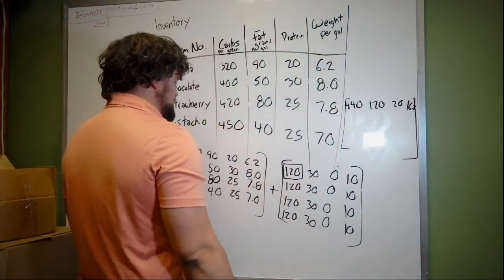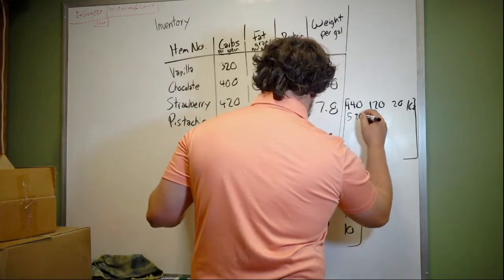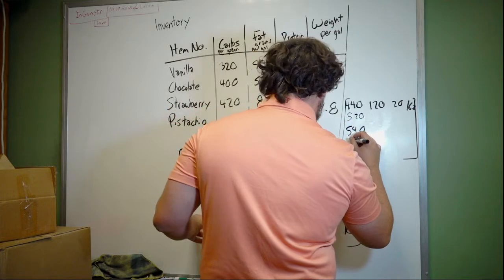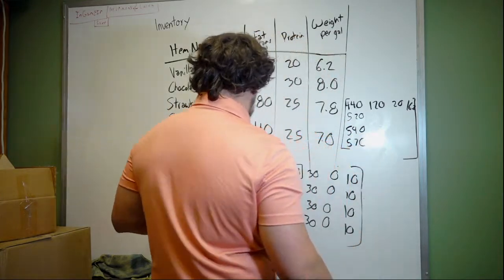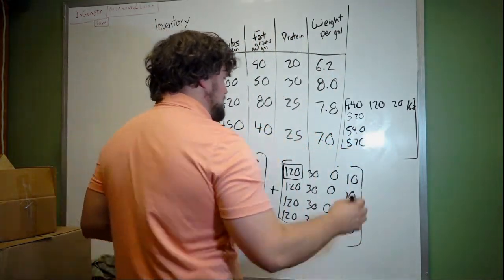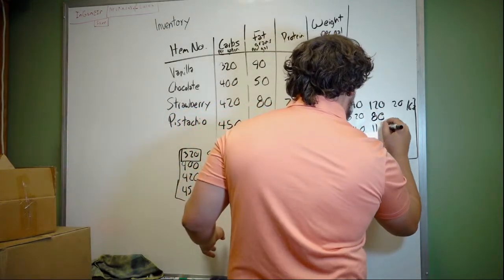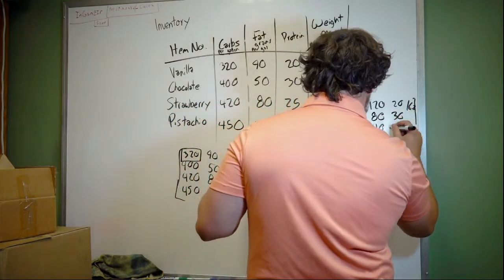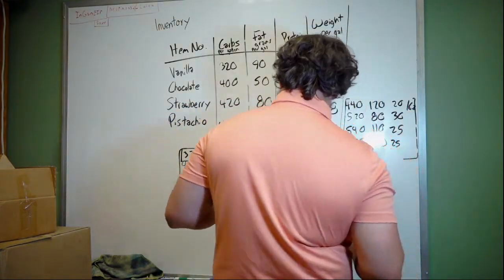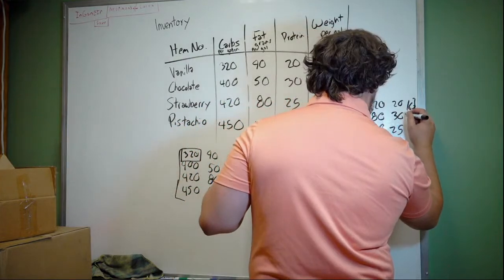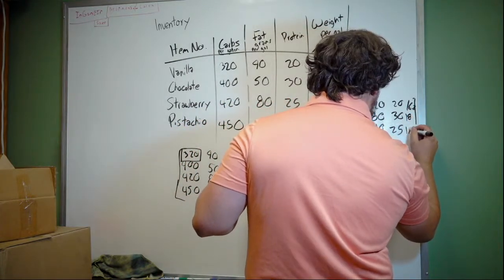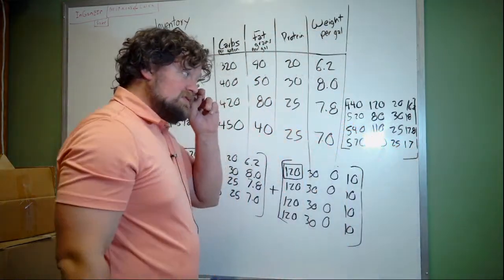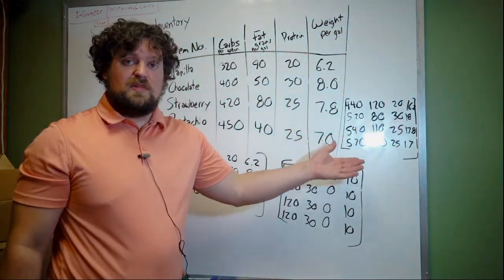If you're 400, this is 520, this is 540, this is 570. And then 80, 110, 70, and you have 30, 25, 25, and then you have 18, 17.8, and 17. Okay, and so this is the resulting sum matrix.